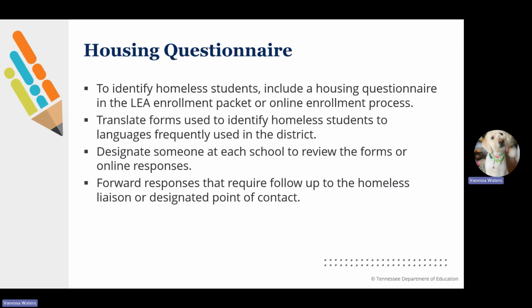All of these things will help with the identification of McKinney-Vento students and providing services. Identification is the critical first step to ensuring that the provisions of needed supports are given to students experiencing homelessness.